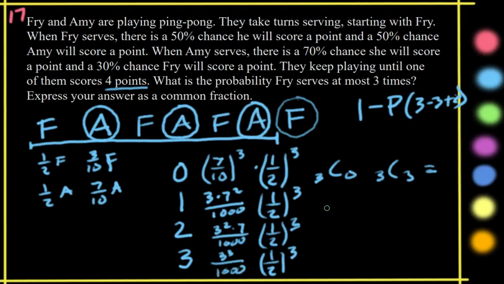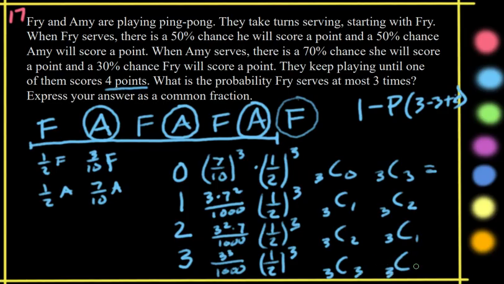And then here we're going to have 3 choose 1, 3 choose 2, 3 choose 2, 3 choose 1, 3 choose 3, and 3 choose 0, because we're considering the number of ways that Fry can choose 0 of Amy's serves to win, 1 of Amy's serves to win, 2 of Amy's serves to win, 3 of Amy's serves to win, and then 3 of his own serves, 2 of his own serves, 1 of his own serve, and 0 of his own serve.